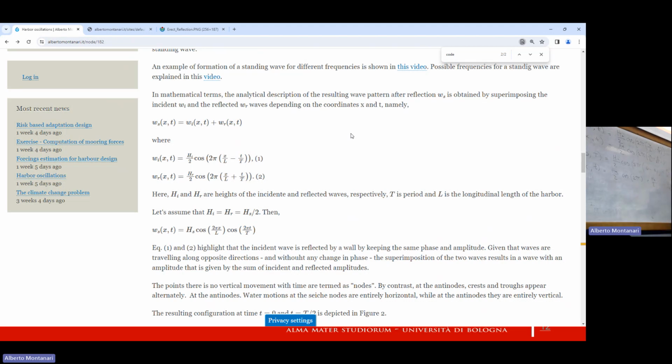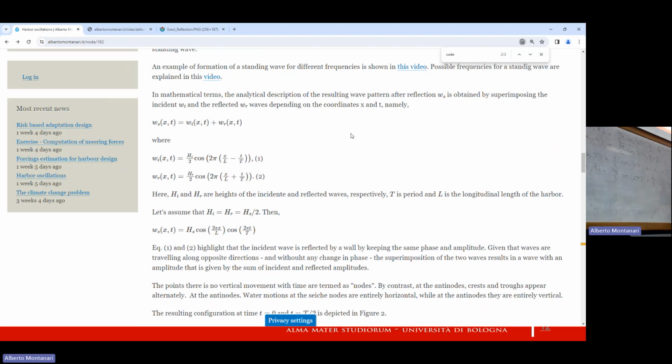Okay, let me think about it. Indeed, this is the reflected wave. Yeah, I think we need a shift of time, because when the incident wave is starting from t equals 0, the reflected wave is starting not from t equals 0, but after half of the period.